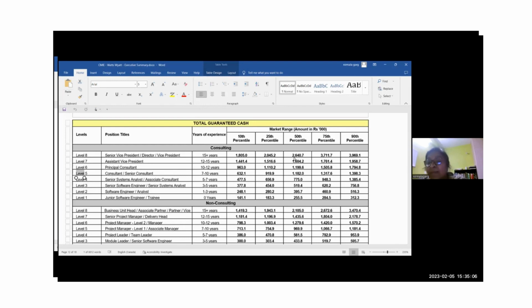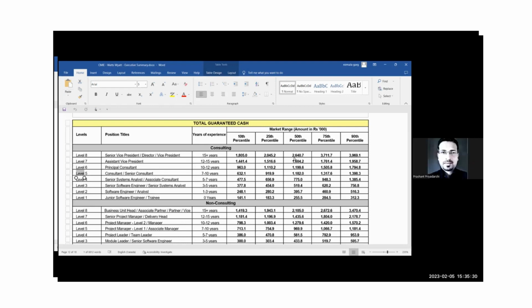And then I make a choice depending on other contextual conditions, whether it's critical, whether I really want to make that market correction and position myself into a higher percentile. Okay, so this is how you actually read a salary survey.